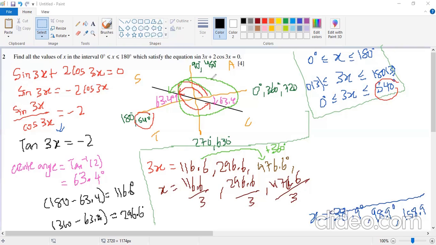So these are the 3 answers in that interval. Thank you.